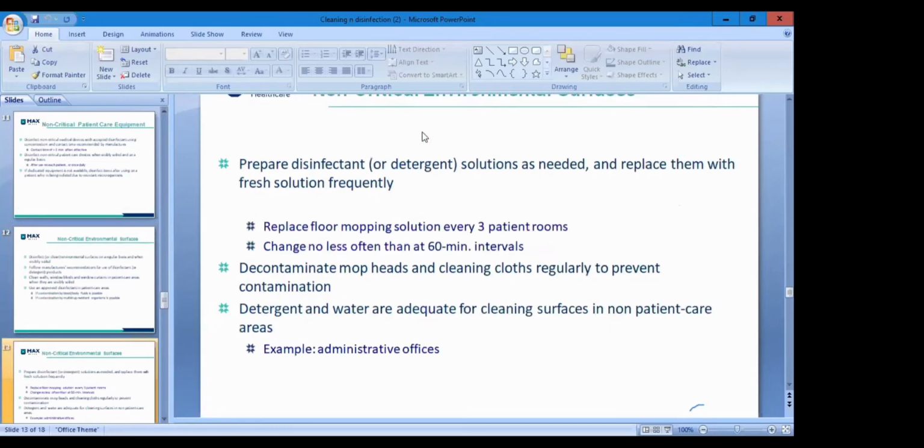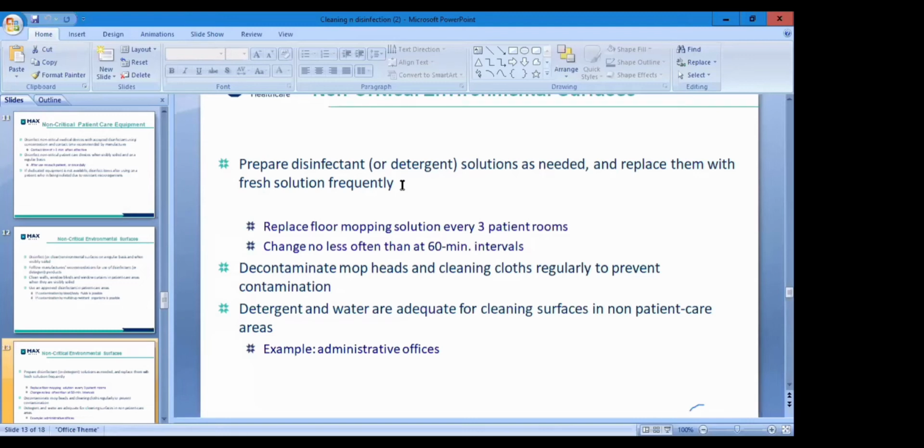In non-critical areas, prepared disinfectant solutions need to be replaced with fresh solution. Hypochlorite solution has a shelf life of only 4 hours and needs to be prepared freshly. So we have trained our staff that every shift the hypochlorite solution needs to be checked, and supervisors check whether the disinfectant solution is made freshly or not.